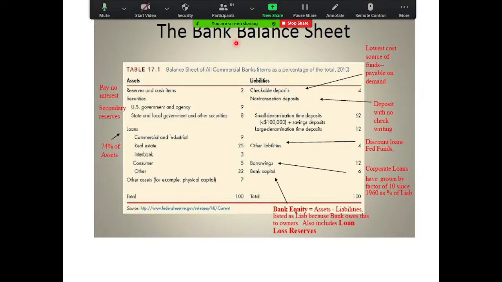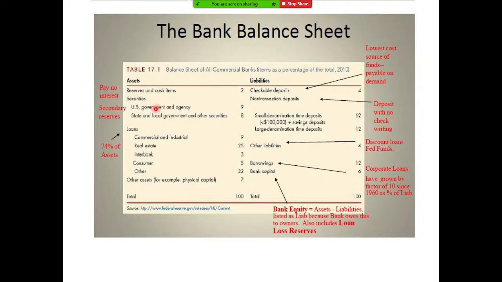So when you look at the bank balance sheet, you can find here a typical balance sheet. You can find reserves and cash items, securities, then loans: commercial and industrial loans, real estate loans, interbank loans, consumer loans, other loans. So loans represent 74% of total assets.